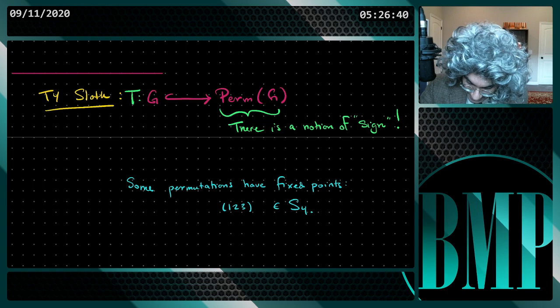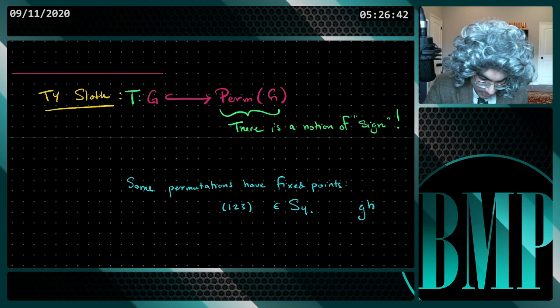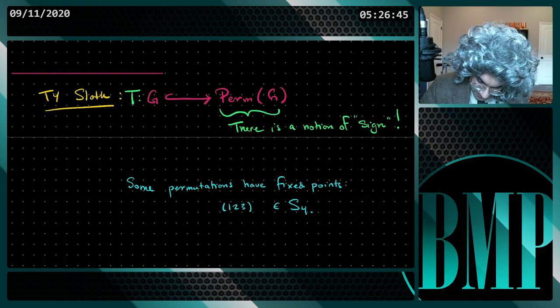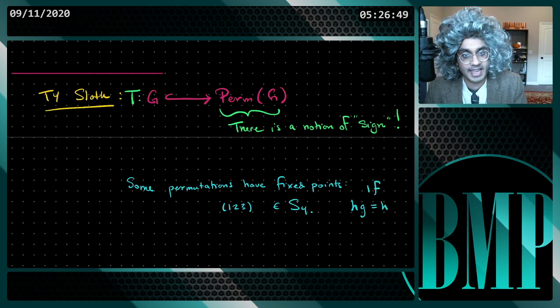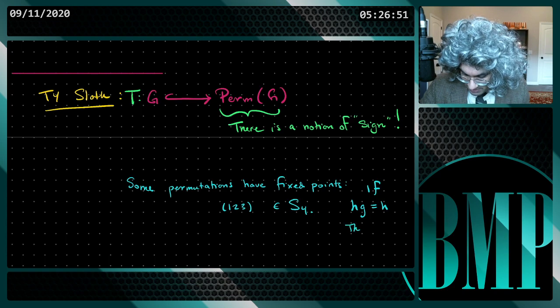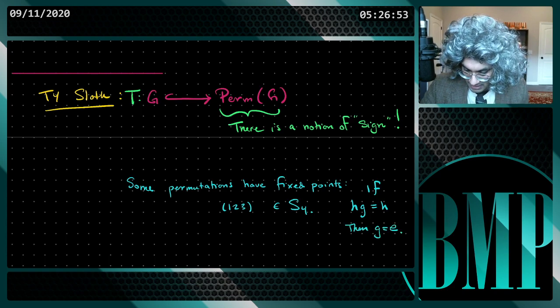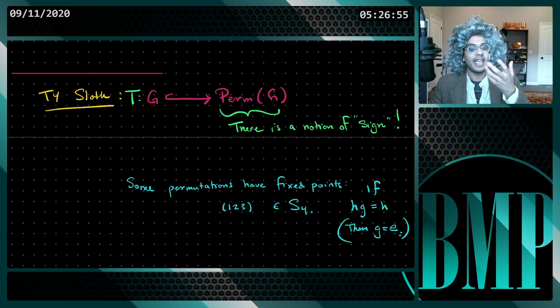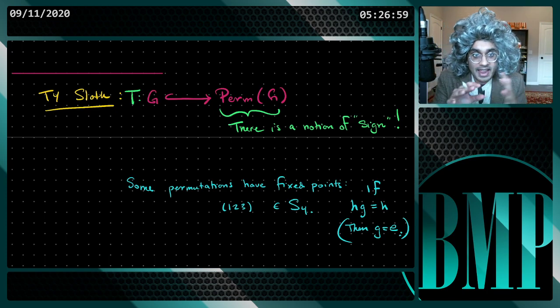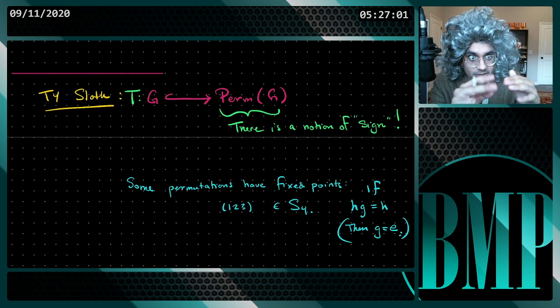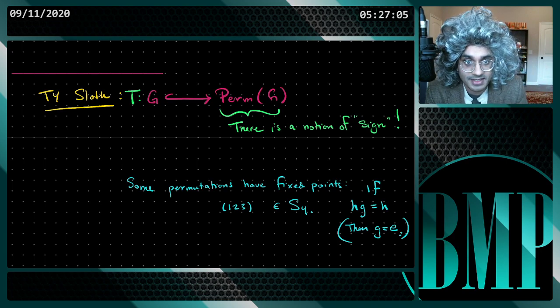This is because if H times G equals H, then G is the identity element. Every non-identity element, as a permutation of the elements in G, will not have any fixed points.